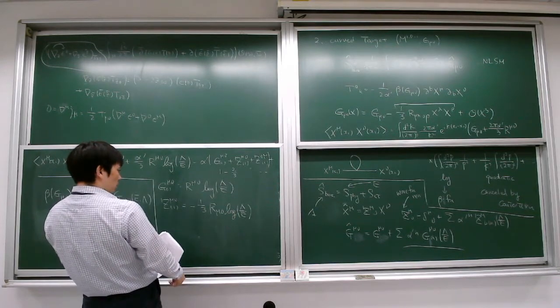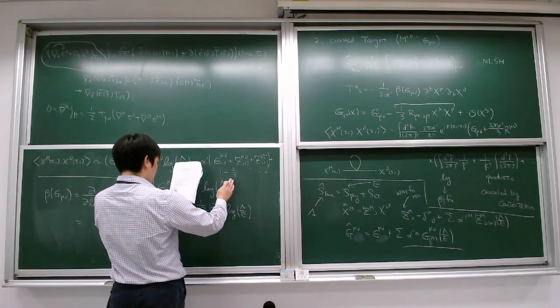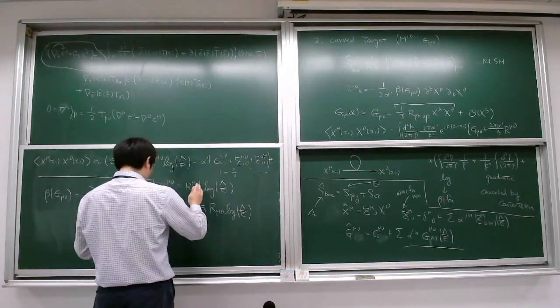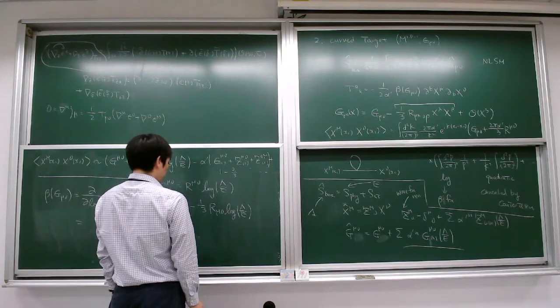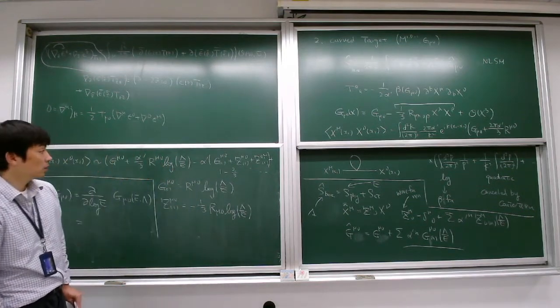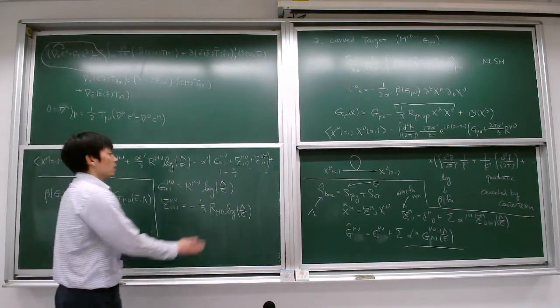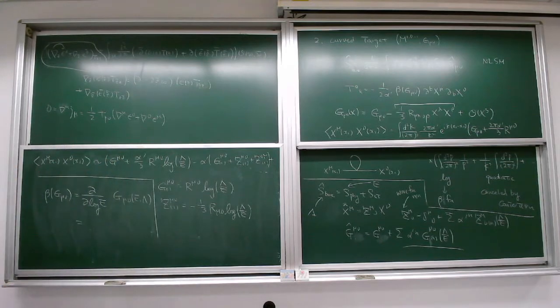Is it correct? 1 minus 2/3, and alpha prime is here. Minus 1 minus, so you can cancel. That's what I don't want to have. So I think something is wrong in this computation.